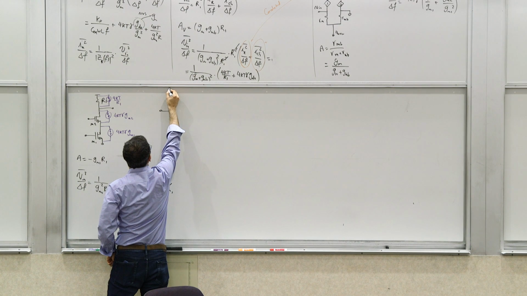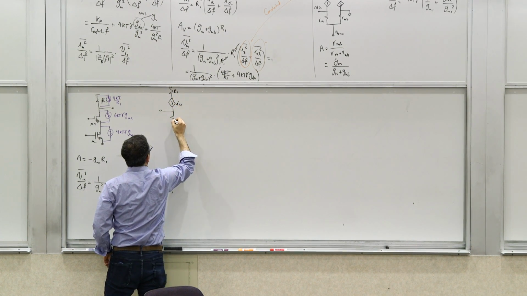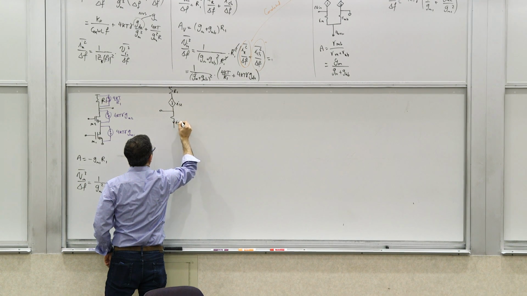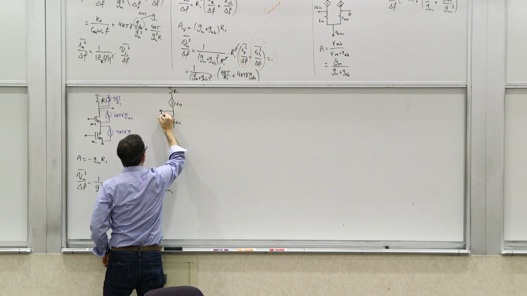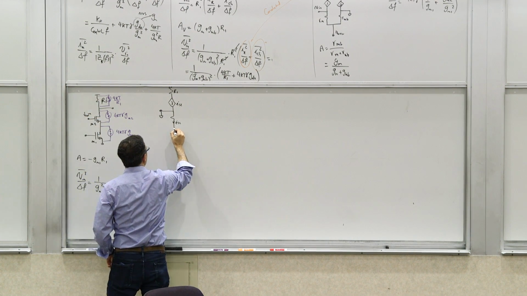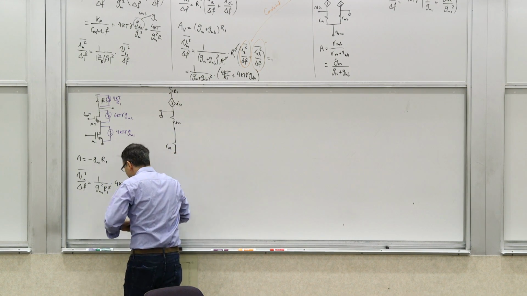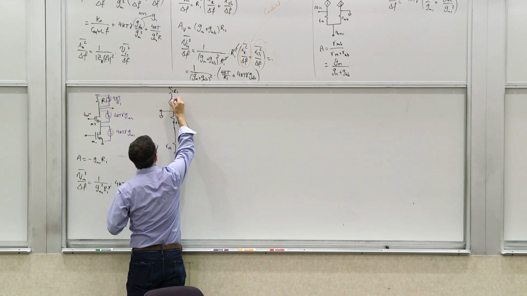So this is R1. This is IS2, this is ground, the gate at V bias, and then you have the RO1, and this is where that noise source is sitting.